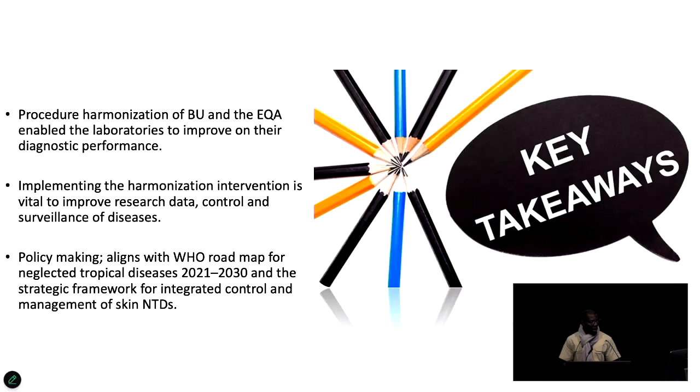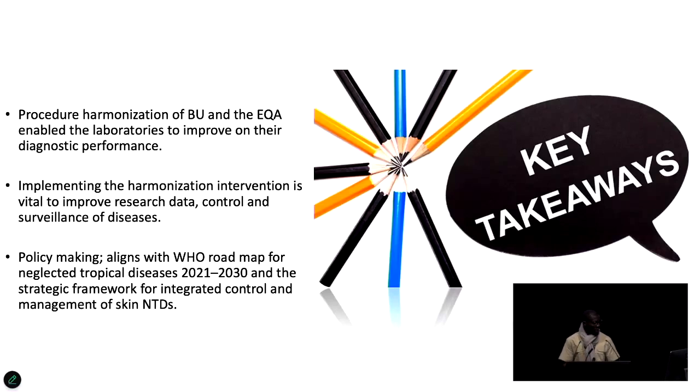Now, in summary, we are glad to have been able to harmonize our BU PCR procedures. And in addition to the EQA, it really helped the labs to improve on their diagnostic performance. And also we've seen that implementing the harmonization is essential because it results in more reliable research data and, of course, improved disease control and surveillance.